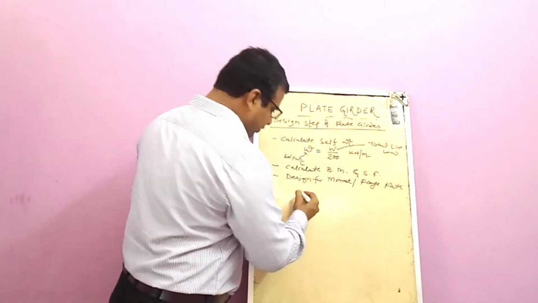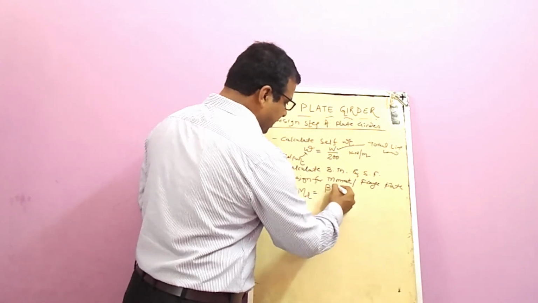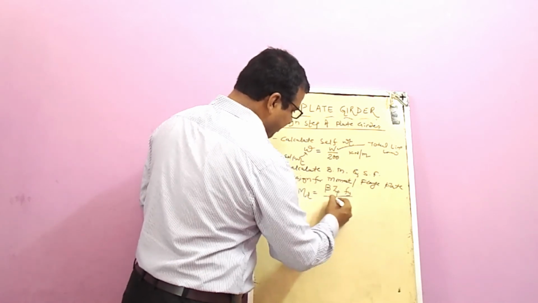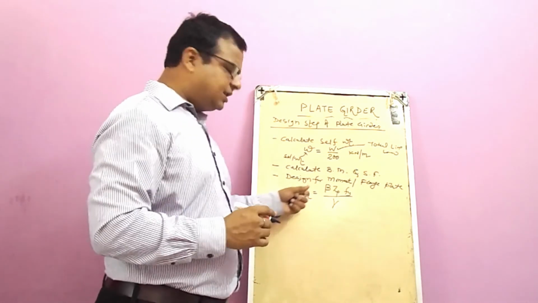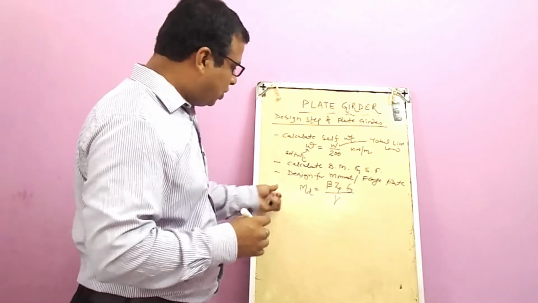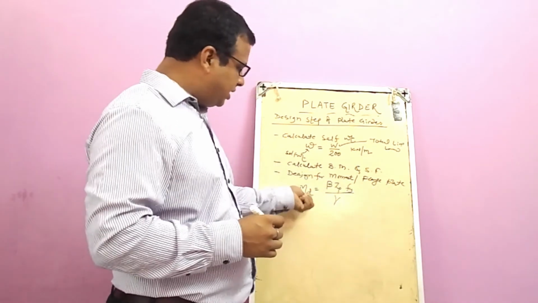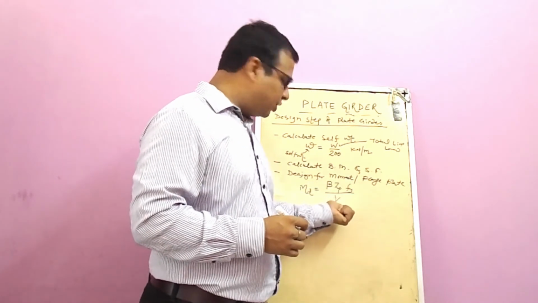So we will use this formula, MD equals beta ZP Fy upon gamma. Okay, so these are basically the terms. So now design for this moment or flange plate will be MD equals beta ZP Fy upon gamma.